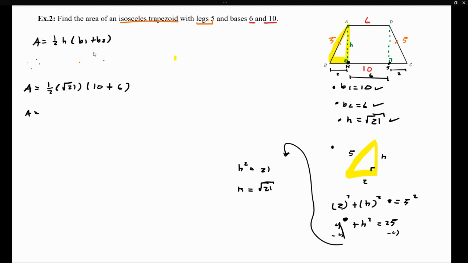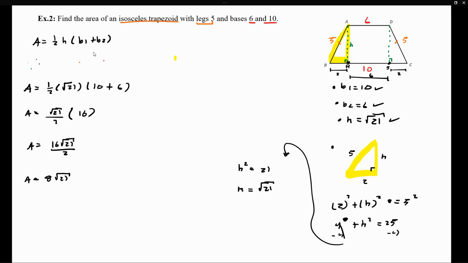Now if we simplify this, we have the square root of 21 over 2, and now 10 and 6, that's 16. So we have 16 square root of 21 over 2, which can be simplified: 16 over 2 is 8. So now this is 8 square root of 21.